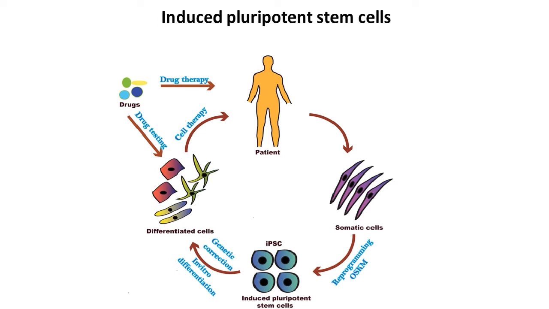Induced pluripotent stem cells have immensely benefited the field of regenerative medicine and disease modeling, as now pluripotent stem cells can be derived from the somatic cells of patients, and these cells can then be utilized for generating various somatic tissues in a dish, which can then be used for cell therapy, drug testing, and drug therapy.